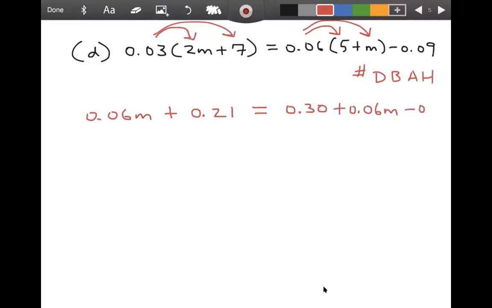And then we have the minus 0.09. Okay, so that was step 2. Step 2 is where we get rid of parentheses.